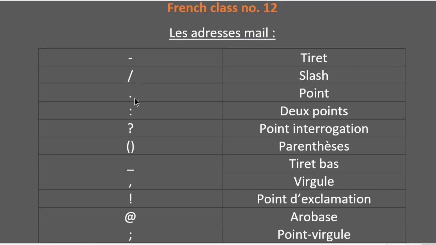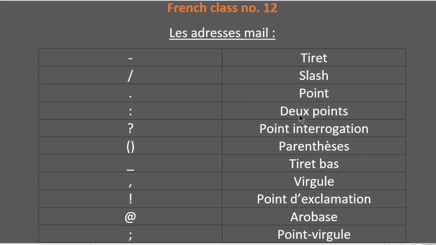Then we have a period, or a point, or a full stop. But when it's used in an email, you don't say full stop. In French, we read this as point, in English a dot.